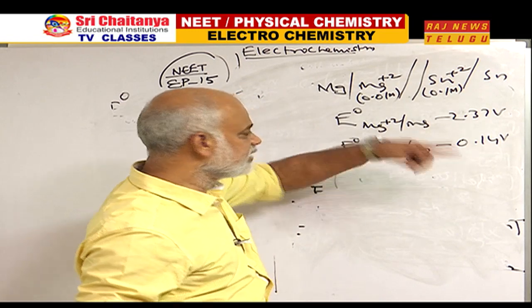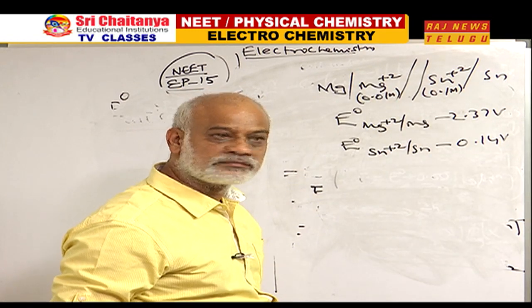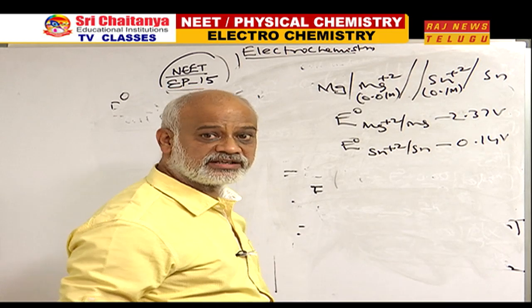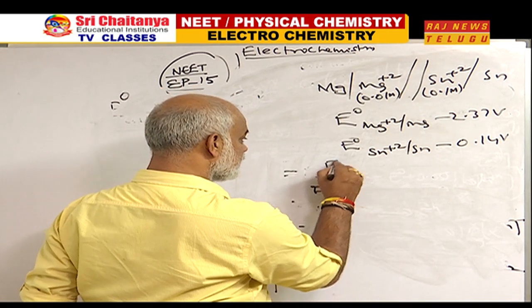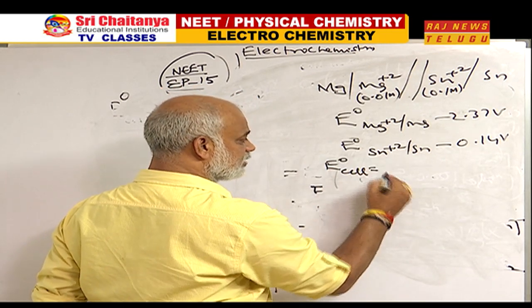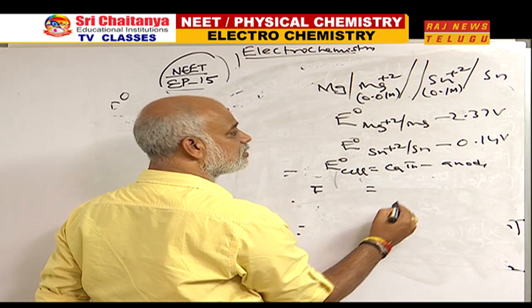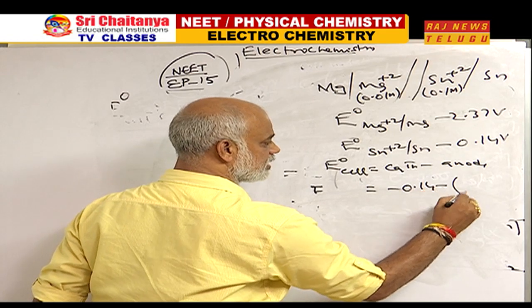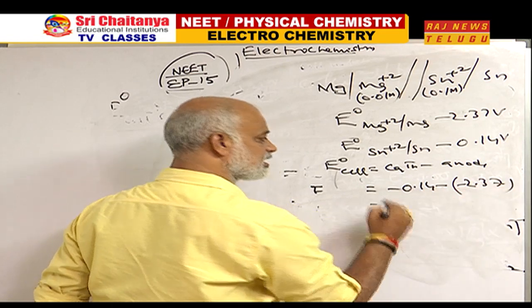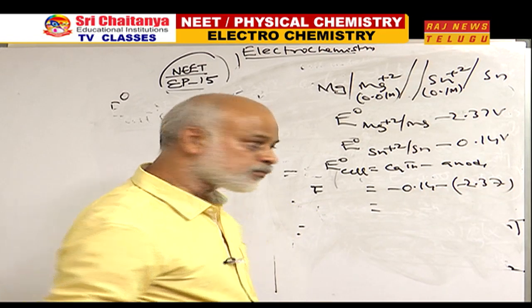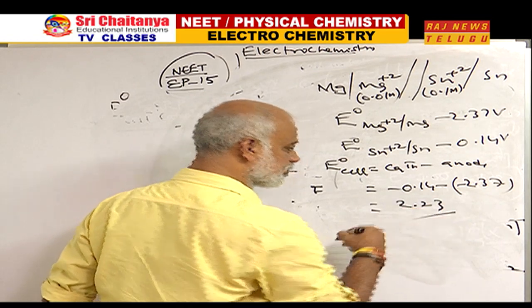SRPs are given, very good, happy. Concentration changes are there, problem. So, E naught cell first, cathode minus anode: minus 0.14 minus of minus 2.37, calculate, 2.23 something like that.